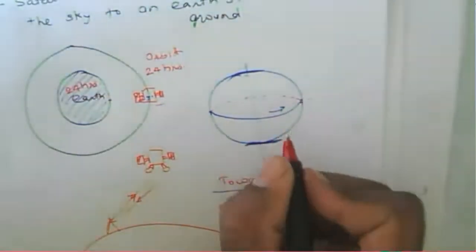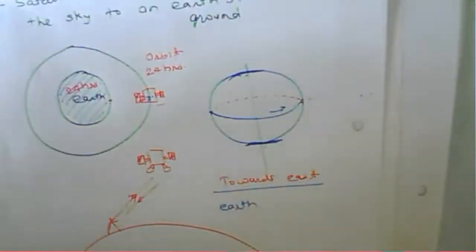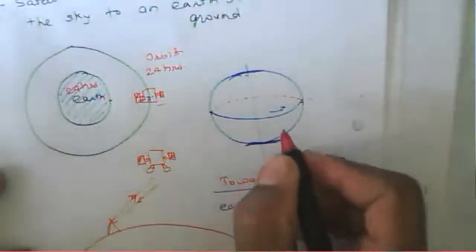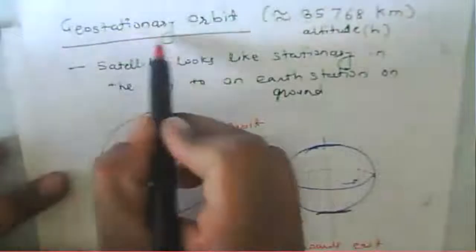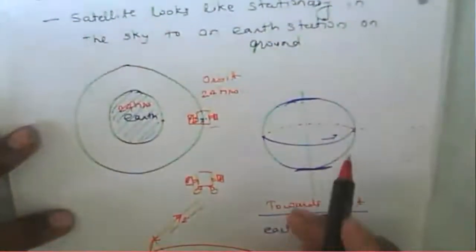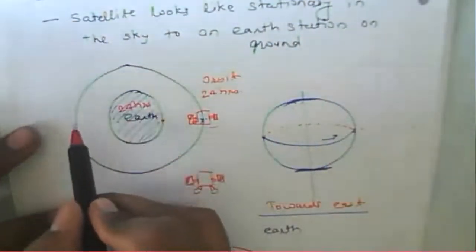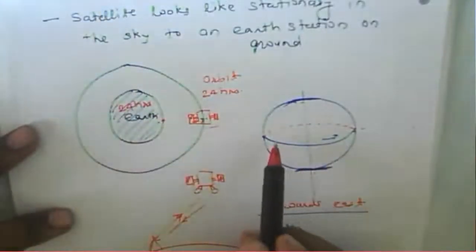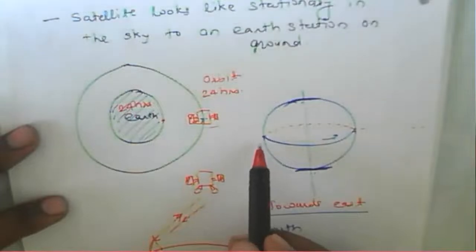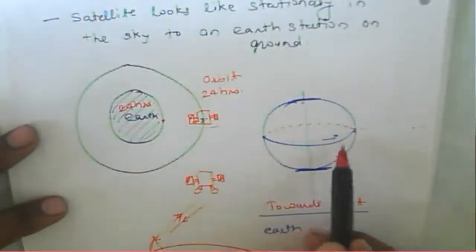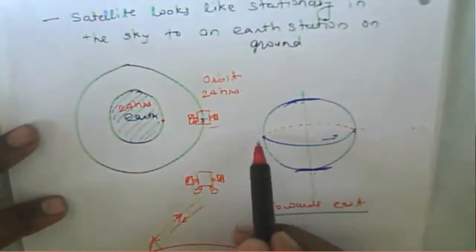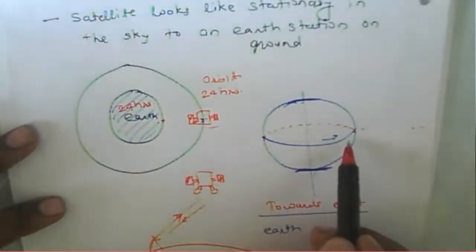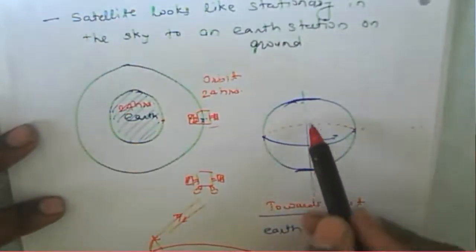If ISRO is going to launch a satellite, they have to maintain the satellite position on the equator itself, in the equatorial plane, to get that geostationary orbit, so that the satellite rotates in a circular fashion. Only then, because the surface on the equator is fixed.